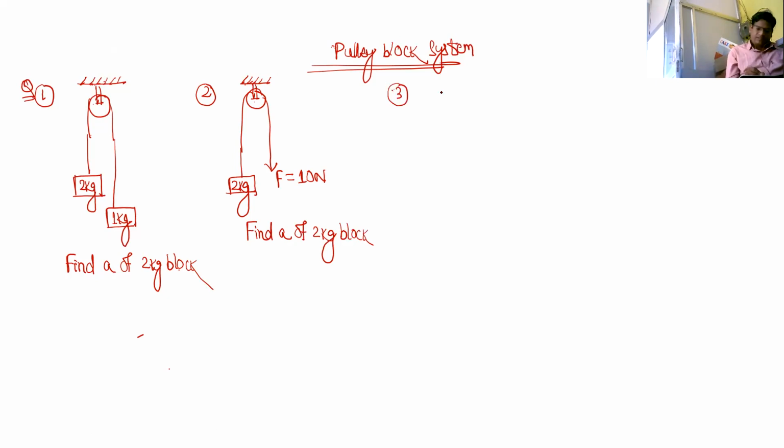Question number 3. Here is a 4 kg block. Here is a cat whose mass is 1 kg.